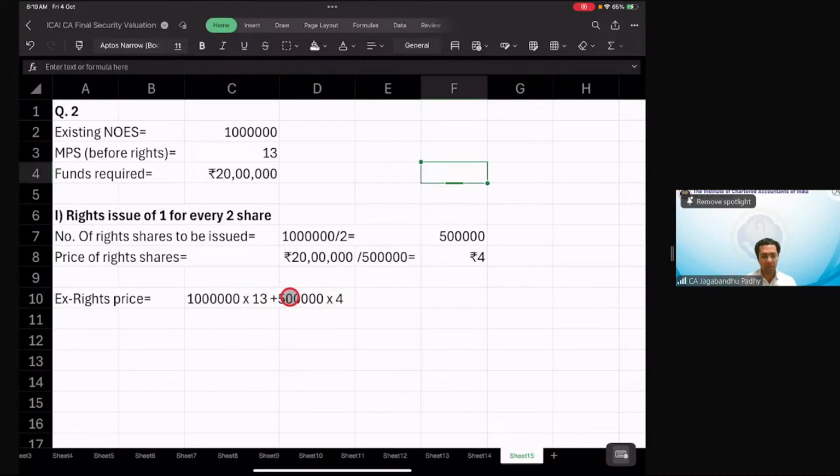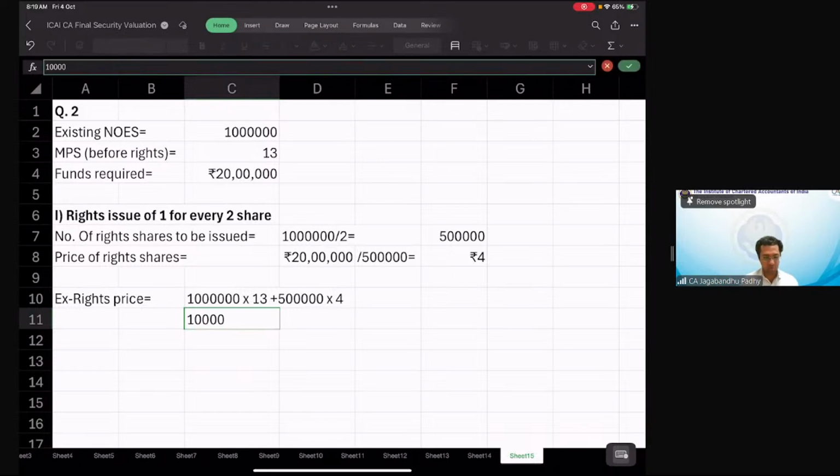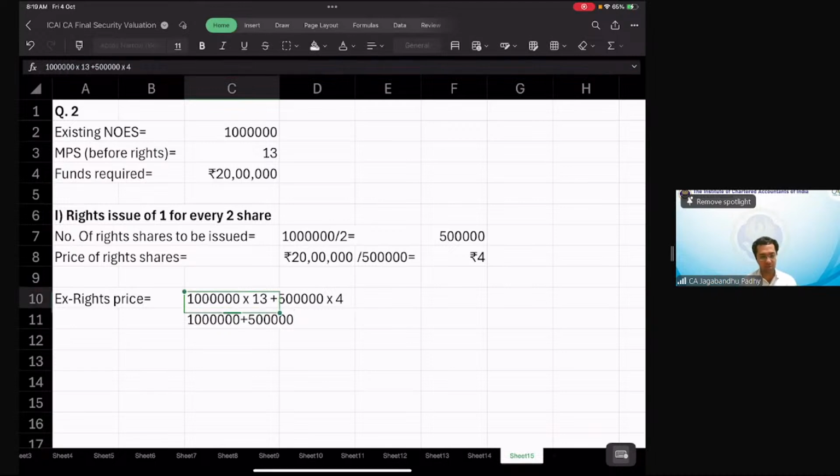So total value of the company is now 1 crore 30 lakh plus 20 lakh. The number of shares originally was 10 lakh, and now you are issuing additional 5 lakh shares.